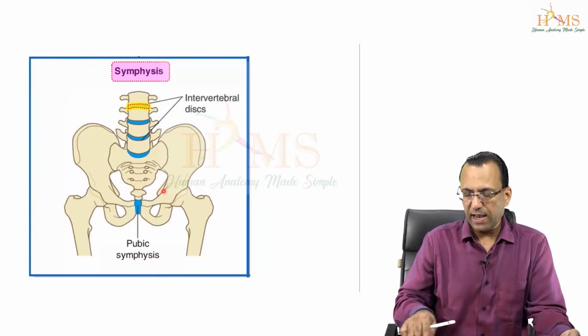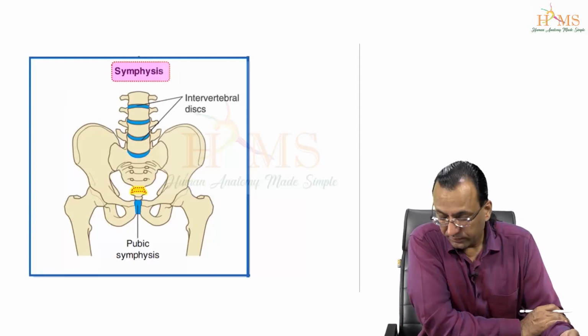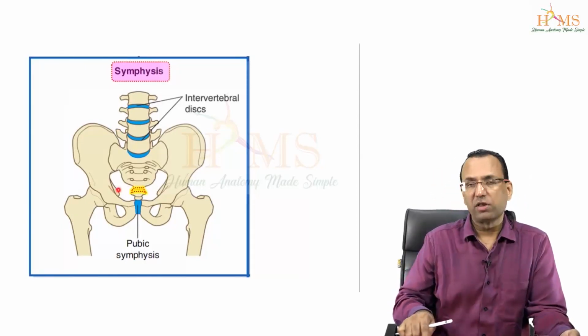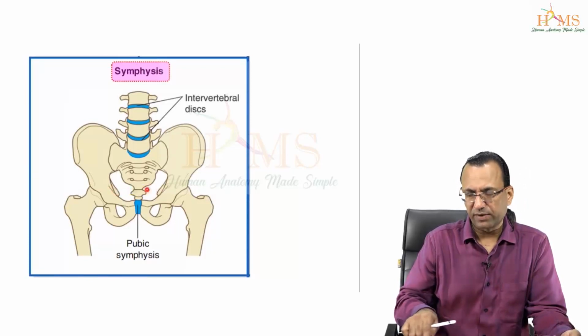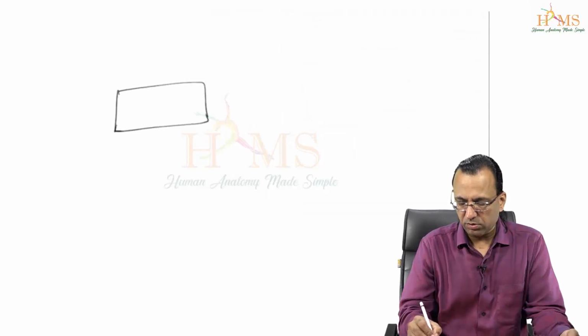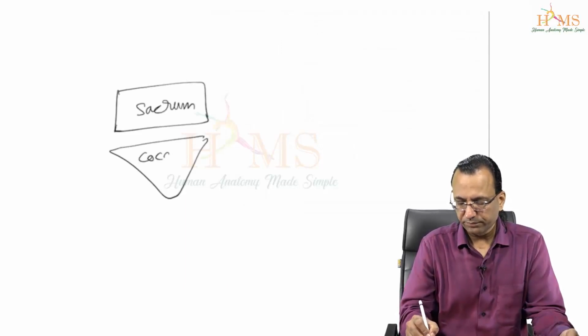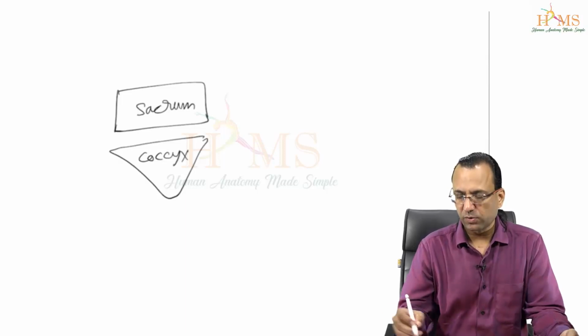Let us draw a diagram for the sacrococcygeal joint, working like a symphysis. Draw the diagram for the structure of symphysis. Actually, this is the sacrum bone and there will be the coccyx bone making the sacrococcygeal joint.